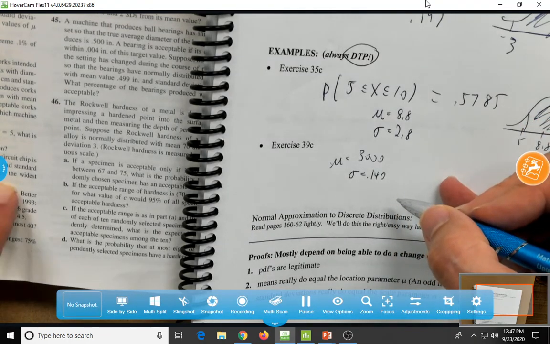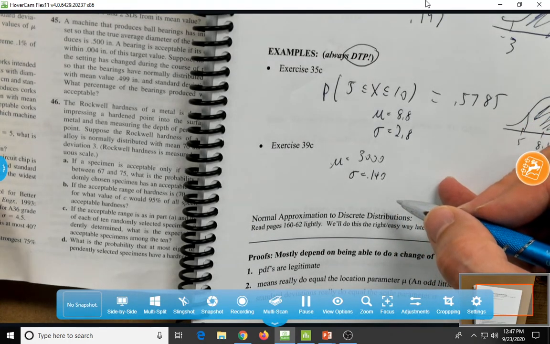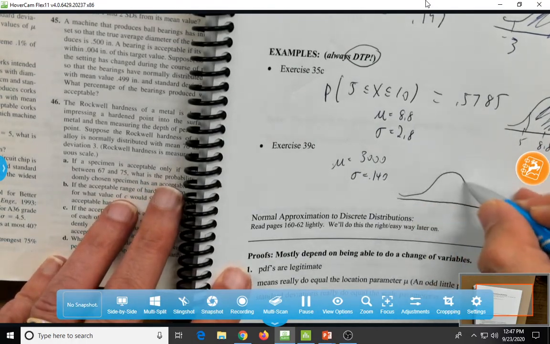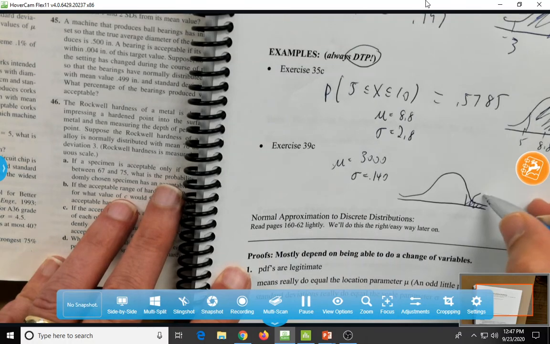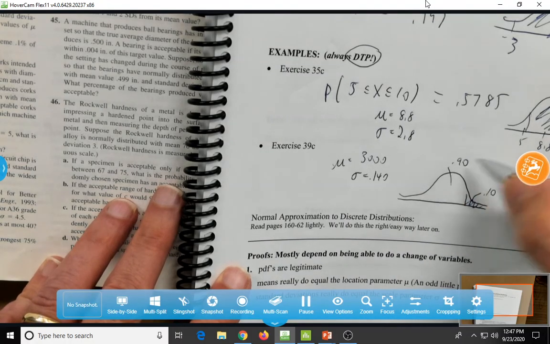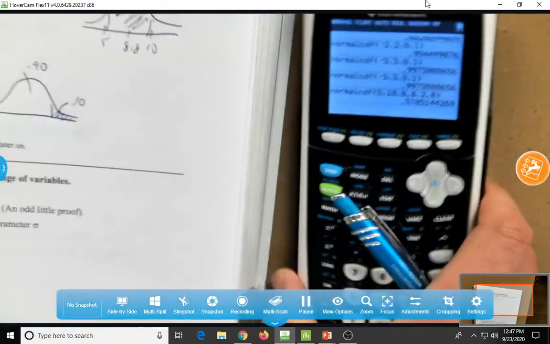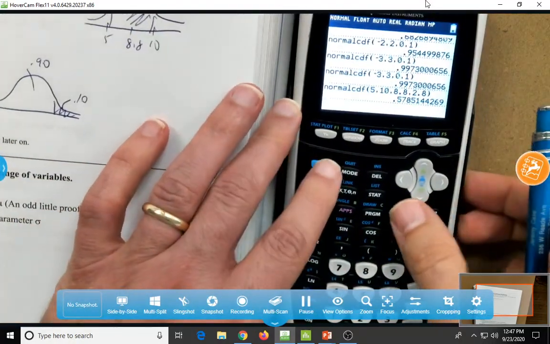What width value separates the widest 10% of all lines from the other 90%? So here we want 10% and here 90%. So we'll have to do our inverse norm.